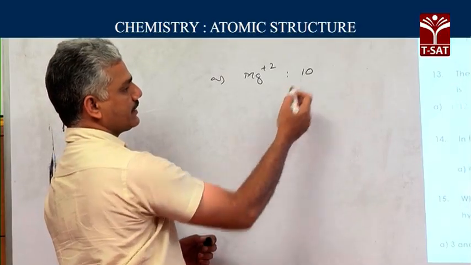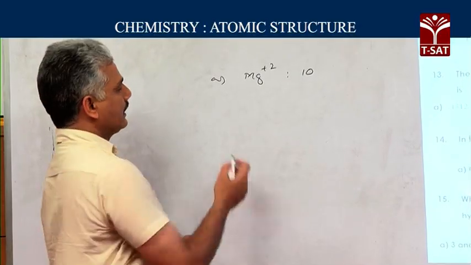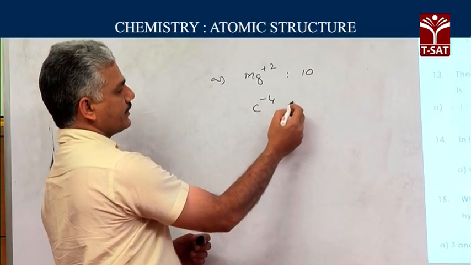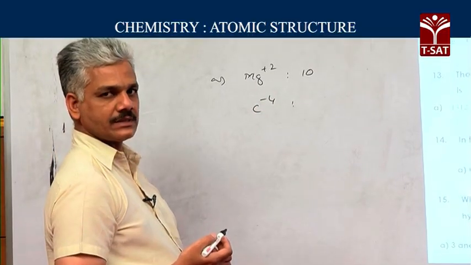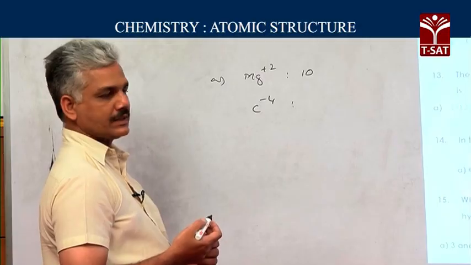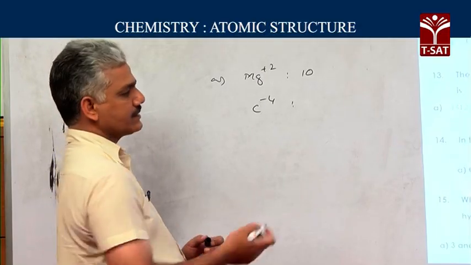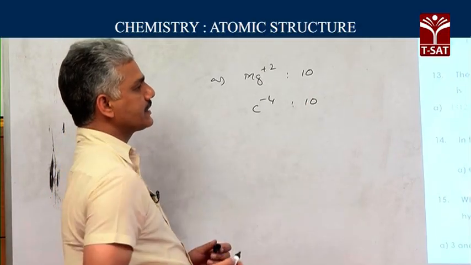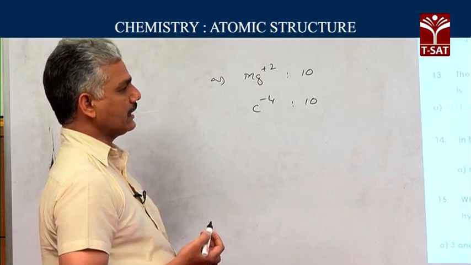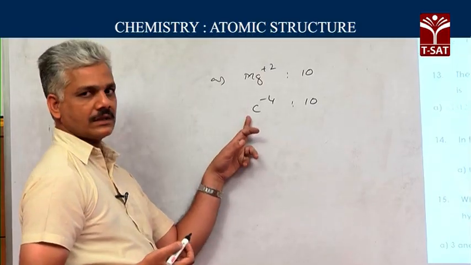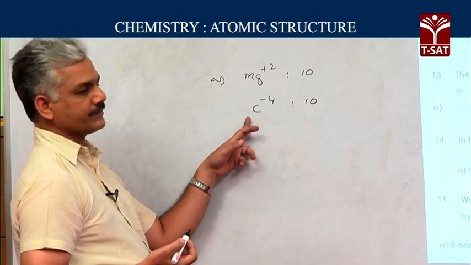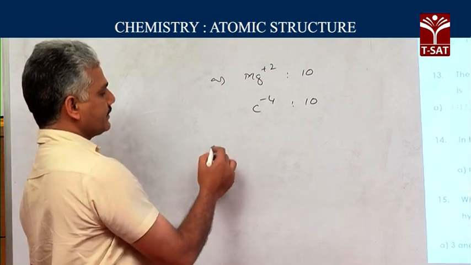So, number of electrons left will be 10. C minus 4, carbon atomic number is 6, C minus 4 means it has gained 4 electrons. So, total number of electrons with C minus 4 are 10. So, this is isoelectronic in nature. So, this is not the correct answer.